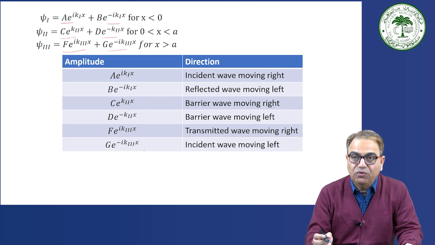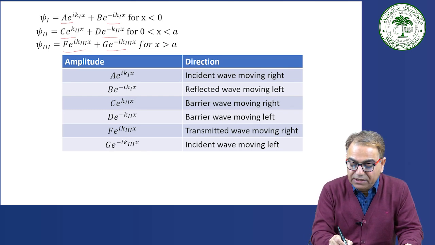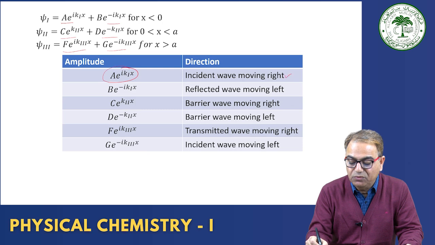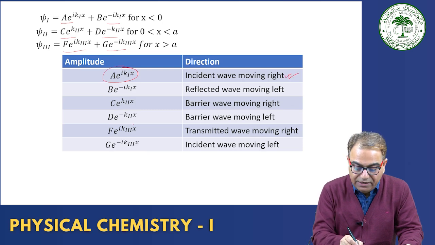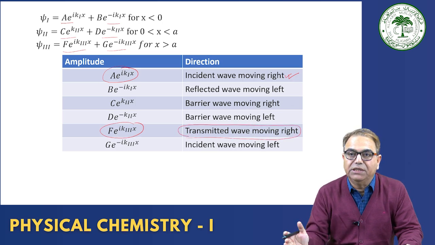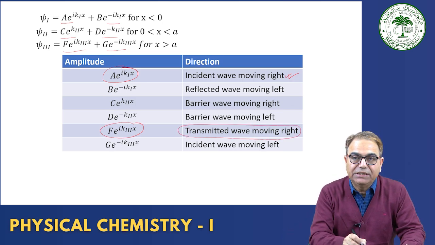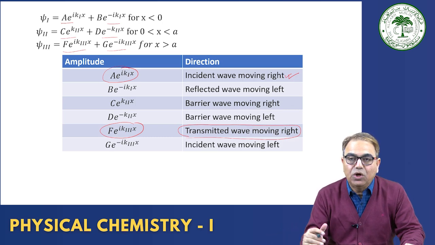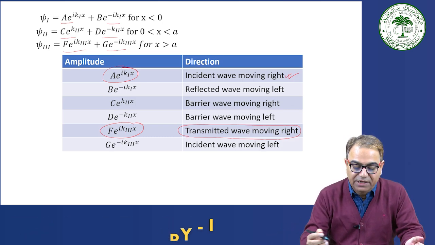Okay, so what we are interested in is this part: a exponential i k1x, which is the incident wave moving in the right direction, and f exponential i k3x, the transmitted wave moving to the right in the third region. So this tells you the incident wave, and this tells you the transmitted wave.